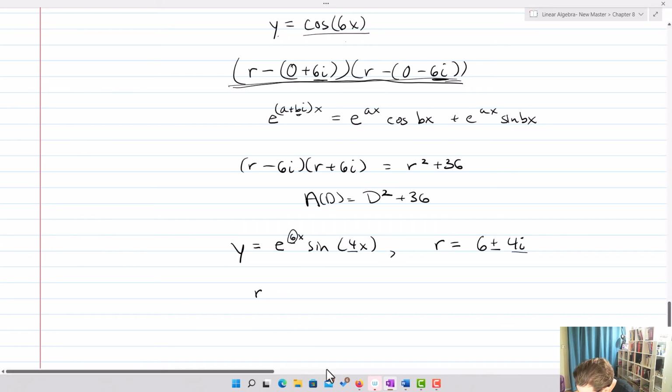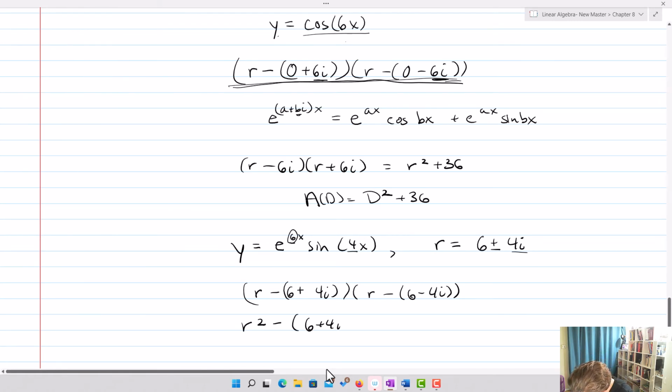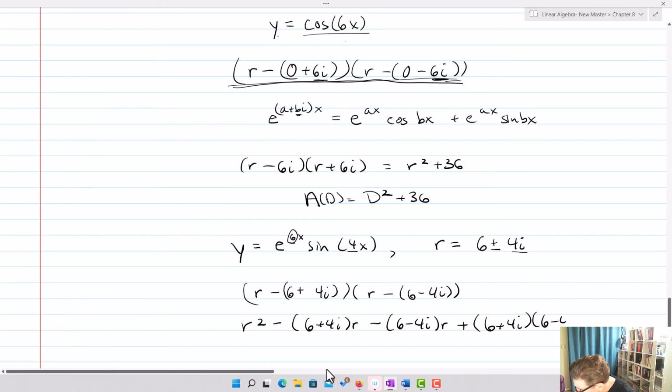So now I'm going to take r minus 6 plus 4i, and I'll multiply that by r minus 6 minus 4i, because we're going to need the conjugates here. And so this is going to give me r squared minus 6 plus 4i r minus 6 minus 4i r plus 6 plus 4i times 6 minus 4i.